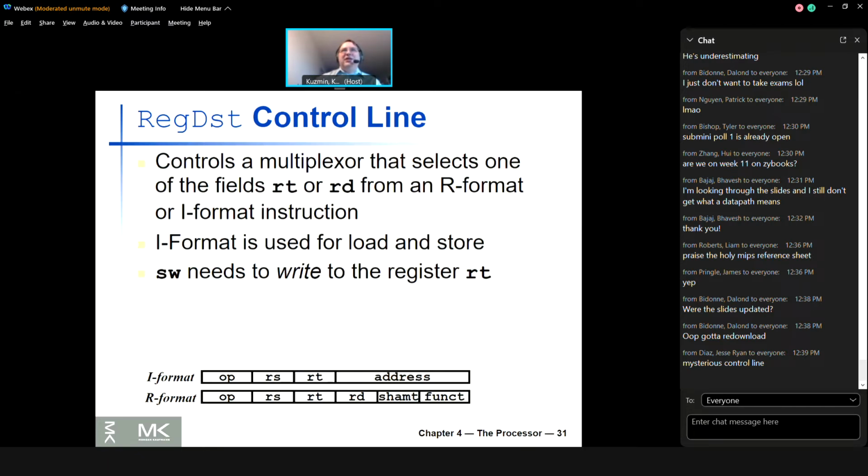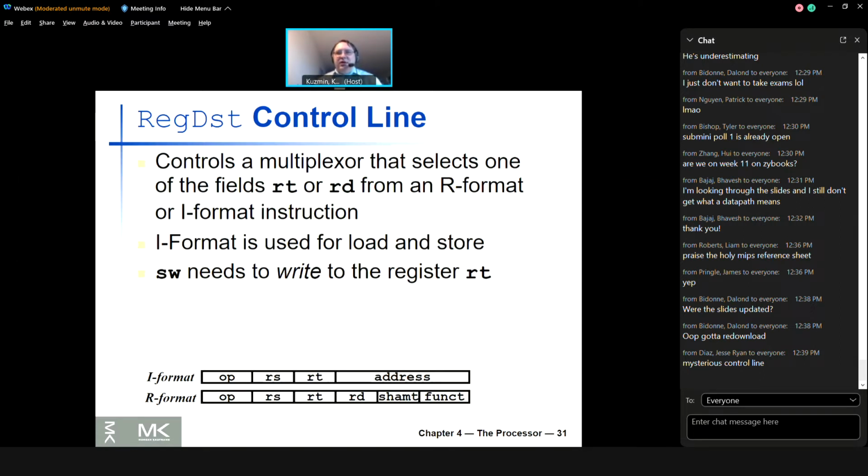This control signal is a selector for a multiplexer, which decides which field in certain R format or I format instructions is written to. Okay, so why do we need it? What is it all about? If you think about our R format instructions, that's the R format right here.